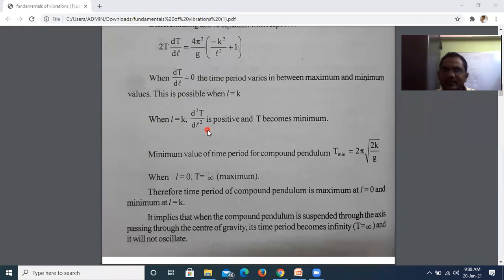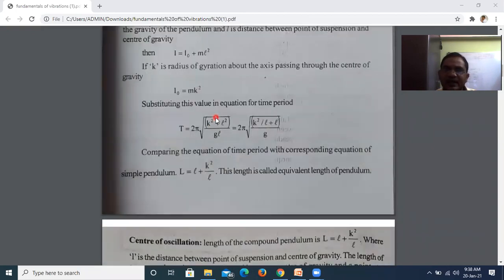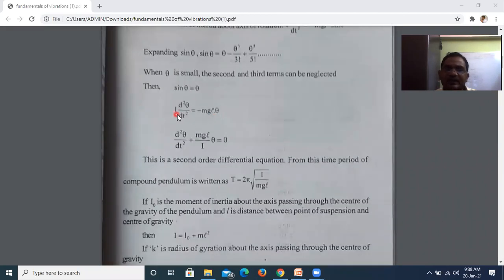First, we write the expression for torque, tau equal to minus mgl sine theta. If theta is very small, we consider sine theta equal to theta. And the torque tau is equal to I alpha, that is I d square theta by dt squared. Then by equating those two, I d square theta by dt square equal to minus mgl theta.